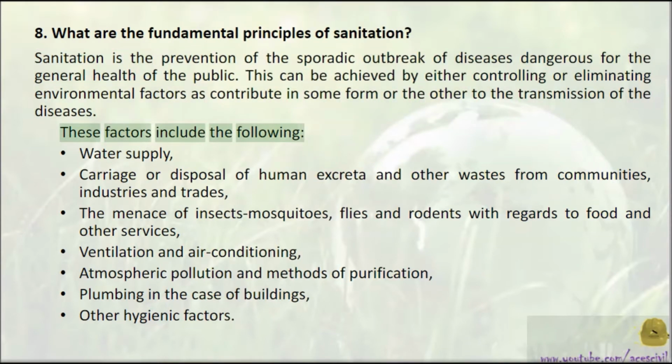These factors include the following: water supply, carriage or disposal of human excreta and other wastes from communities, industries, and trades, the menace of insects, mosquitoes, flies and rodents with regard to food and other services, ventilation and air conditioning, atmospheric pollution and methods of purification, plumbing in the case of buildings, and other hygienic factors.